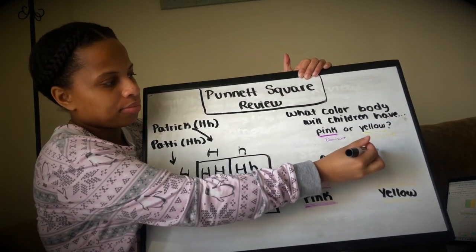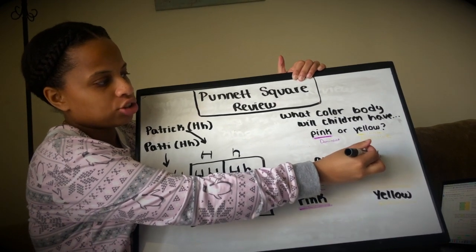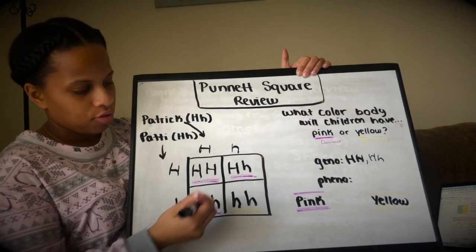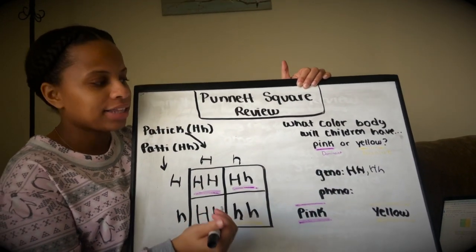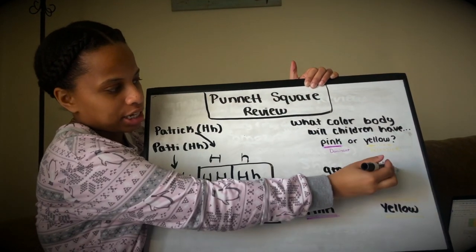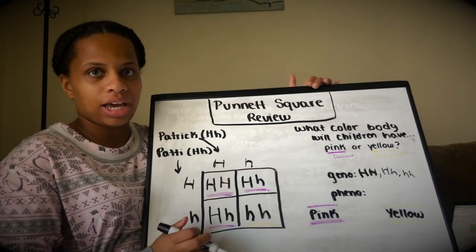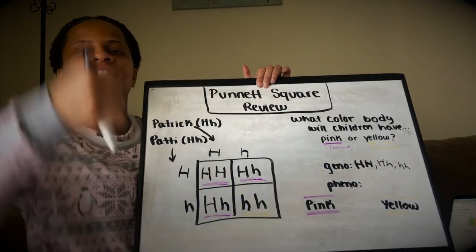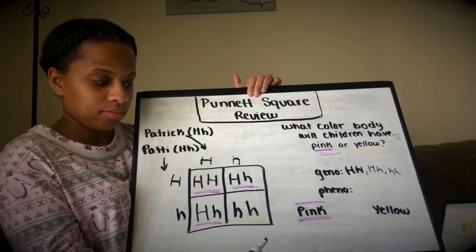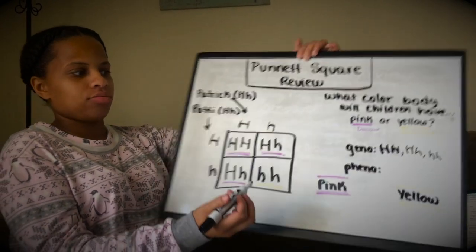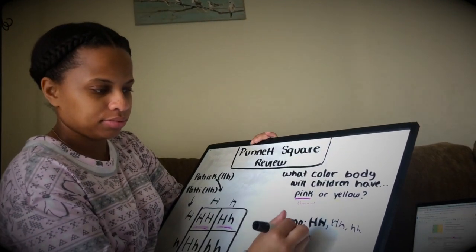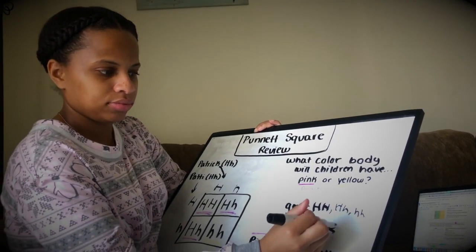Another genotype, capital H, lowercase h, from these two boxes. And last but not least, we have two lowercase h's. That's our genotype. Phenotype, physical appearance, can either be pink or yellow. So let me write that down. Pink, yellow.